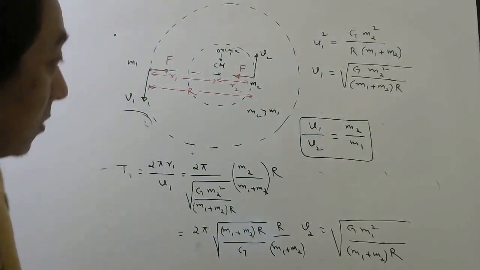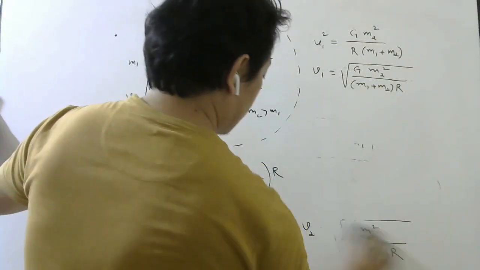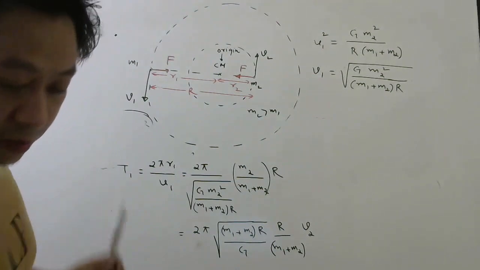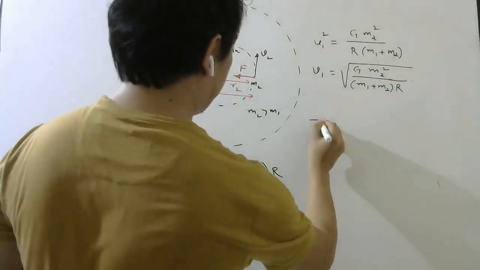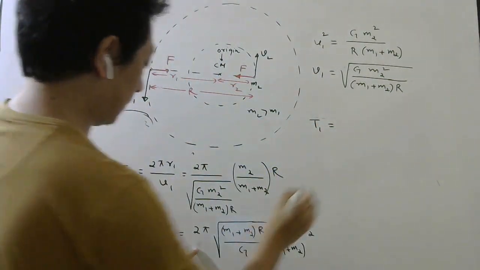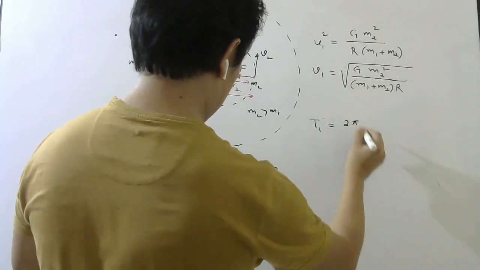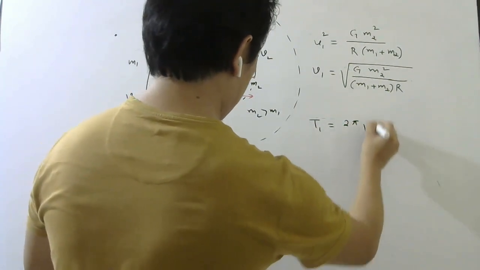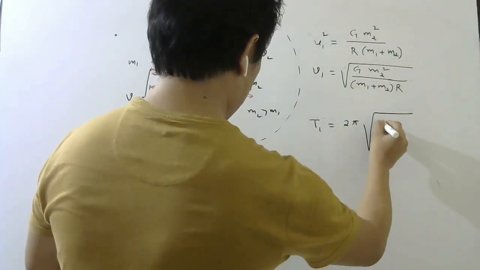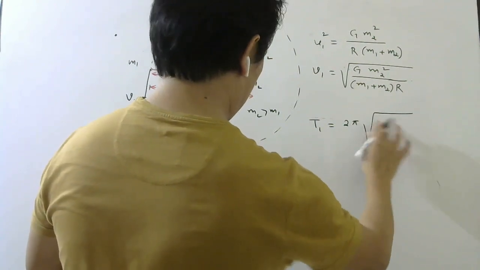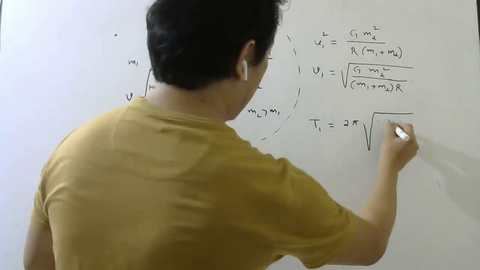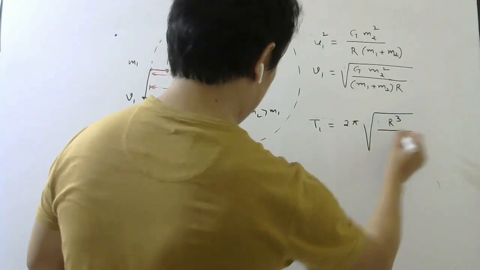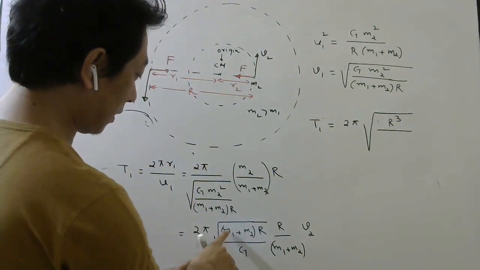So my time period of revolution of the first particle is coming 2 pi root over, and this R, let me put inside, will be R cube divided by G times m1 plus m2.